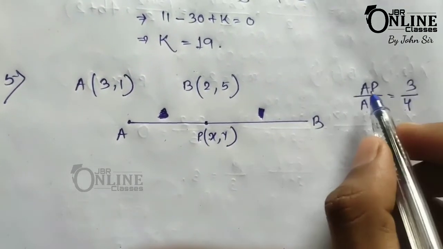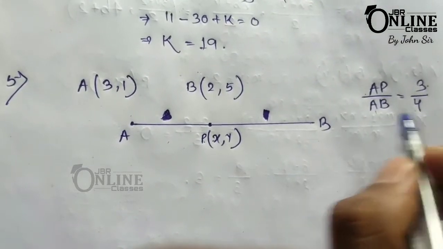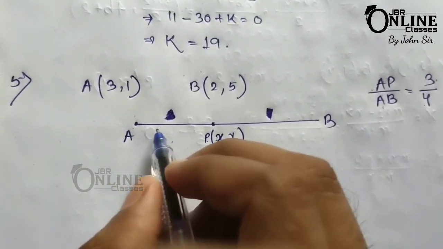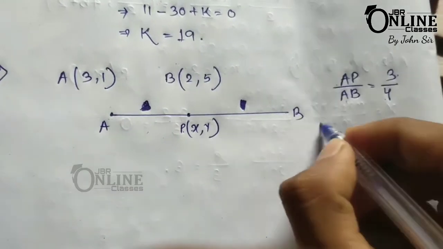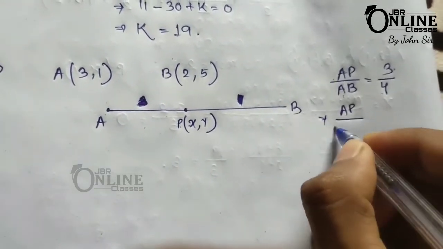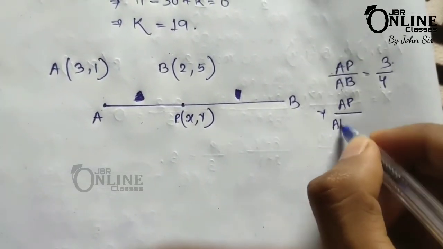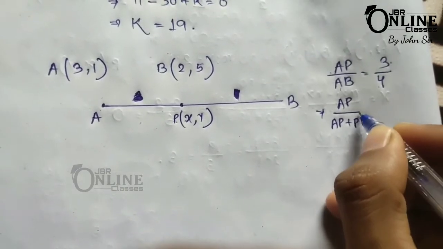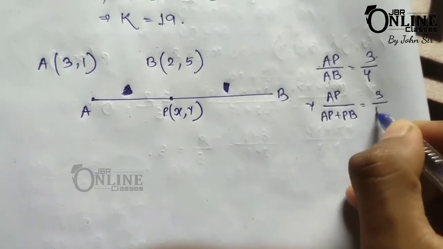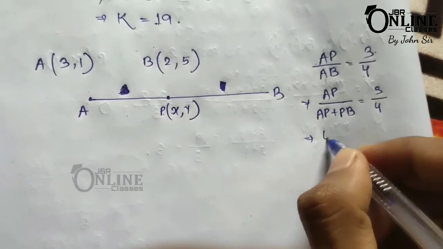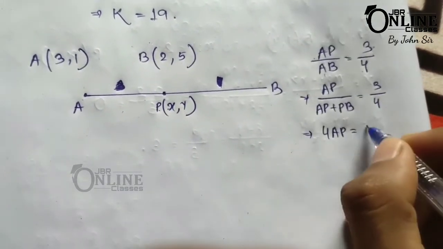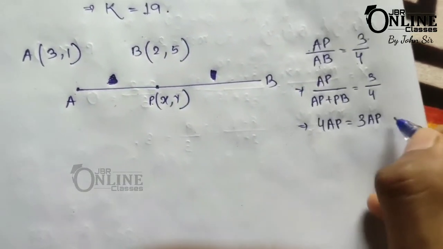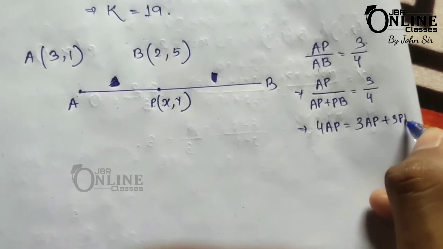As AP by AB equals 3/4 and AB means AP plus PB, so you can write here AP by AP plus PB equals 3/4. So by cross multiplying, 4AP equals 3AP plus 3PB.